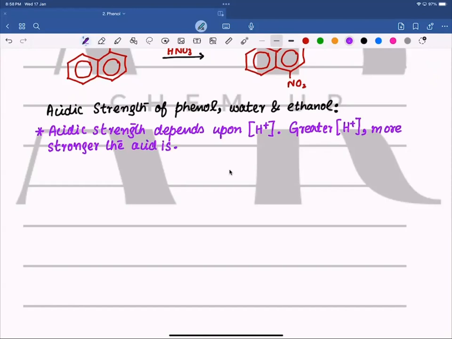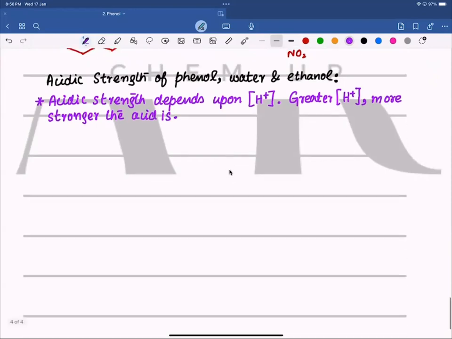Is this understandable? Yes, if there is a greater concentration of hydrogen ions, it will be a stronger acid.